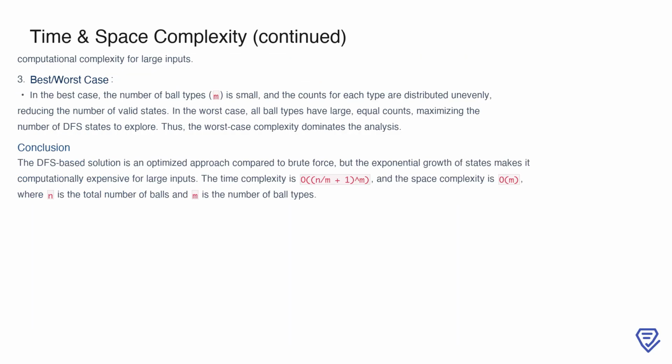Despite the optimizations introduced by the DFS-based solution, the computational complexity remains exponential due to the nature of the problem. In terms of best and worst cases, the solution performs better when the number of ball types, m, is small, or when the counts of balls are distributed unevenly among types, as this reduces the overall number of valid states to explore.